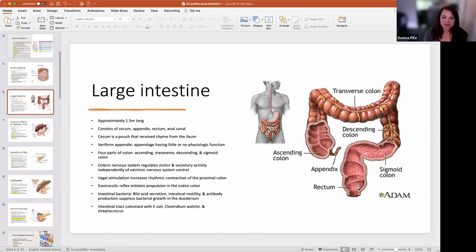Intestinal bacteria: bile acid secretion, intestinal motility, and antibody production suppress bacterial growth in the duodenum. The intestinal tract is colonized with E. coli, Clostridium welchii, and Streptococcus. Those are the normal flora found in the GI tract.